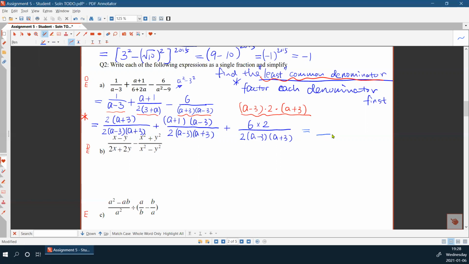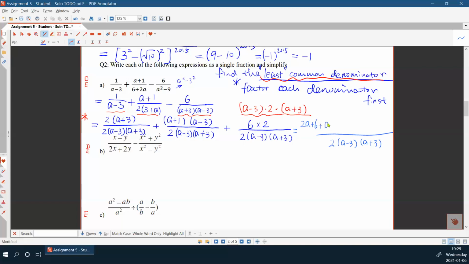So this becomes a common denominator here. What's left in the numerator? You need to calculate. For the first term it leaves us 2a plus 6, right? For the second term, expand this expression.